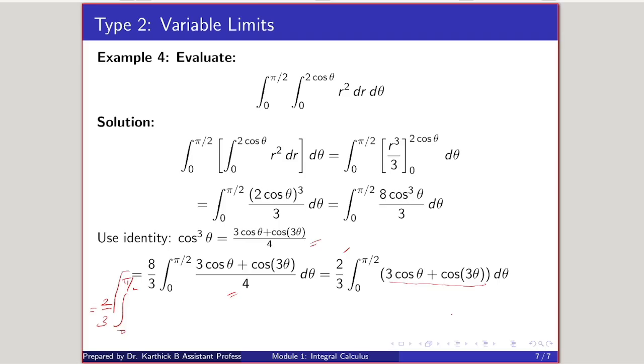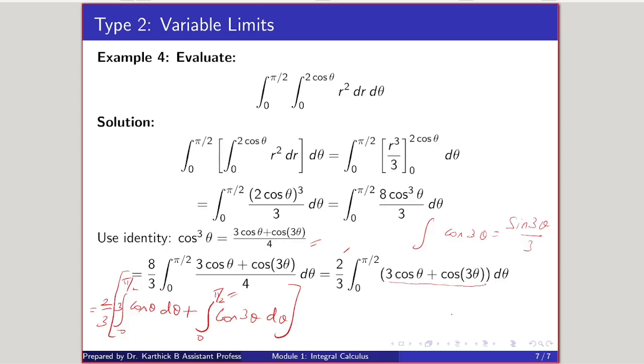We may split the integral. 3 will be a constant, cos theta d theta, plus 0 to pi by 2 cos 3 theta d theta. So we already know that the integration of cos will be sine, and the integration of cos 3 theta will be sine 3 theta by 3.